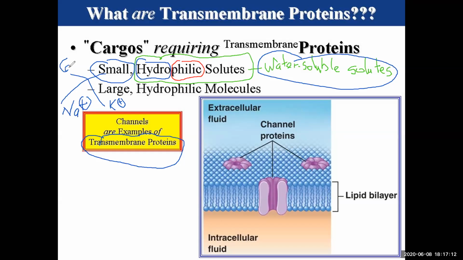Calcium, which is a divalent cation, 2+. We also can have negatively charged anions like chloride, Cl-. So these are examples of small water-soluble solutes. These cannot cross the membrane, since the membrane is made of lipid-based macromolecules, specifically phospholipids, right? So they need help.